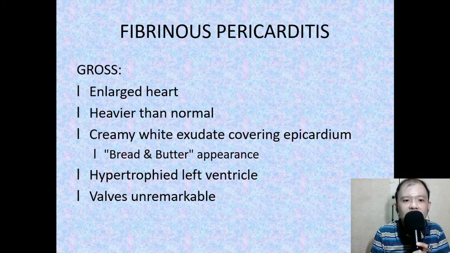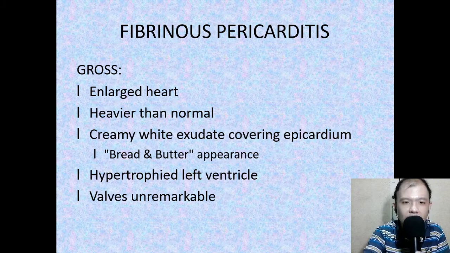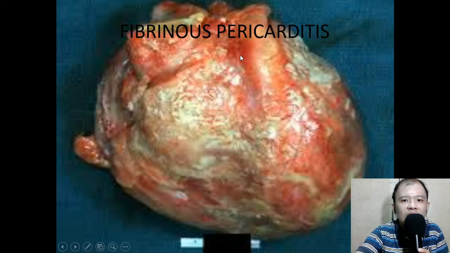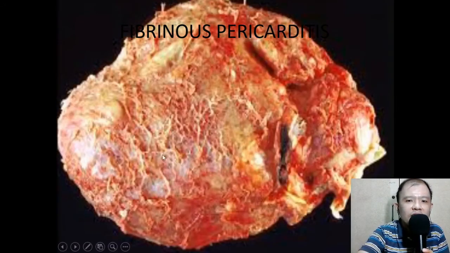The left ventricle was hypertrophied and the valves were unremarkable. So, creamy bread and butter appearance covering the pericardium or the epicardium.